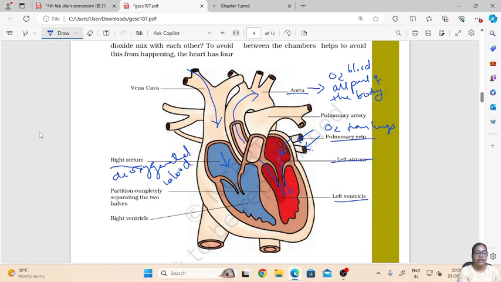From the right ventricle it is then pumped into the pulmonary artery. The pulmonary artery will then supply this blood to the lungs for purification.